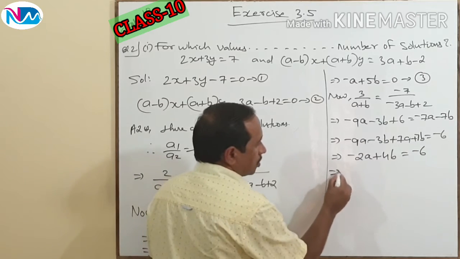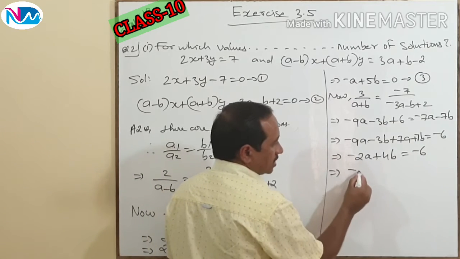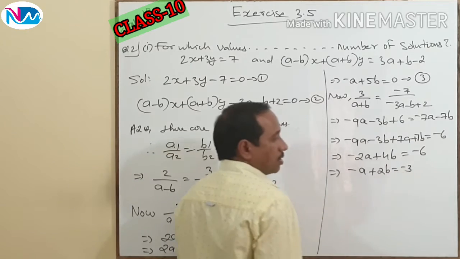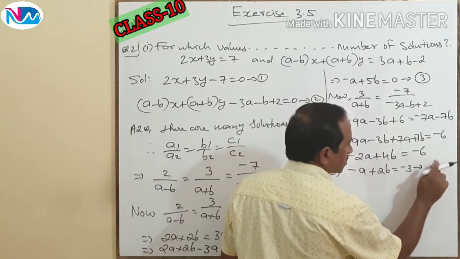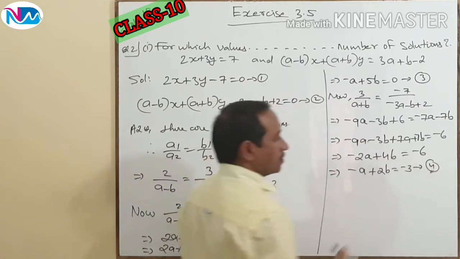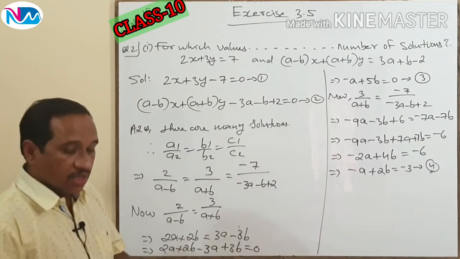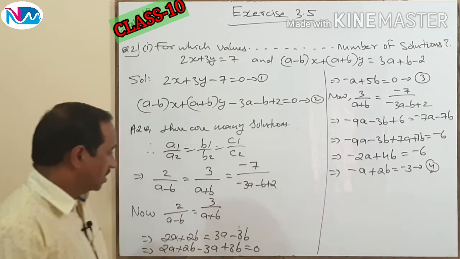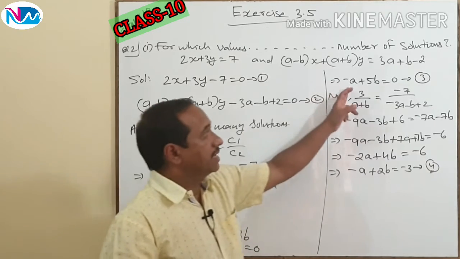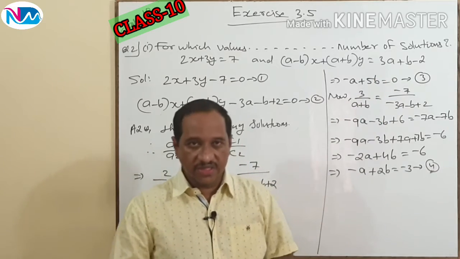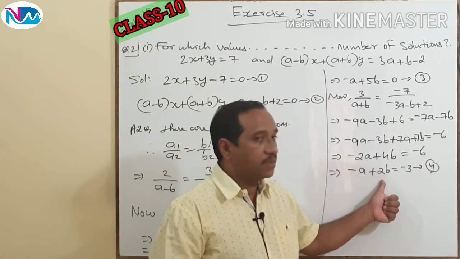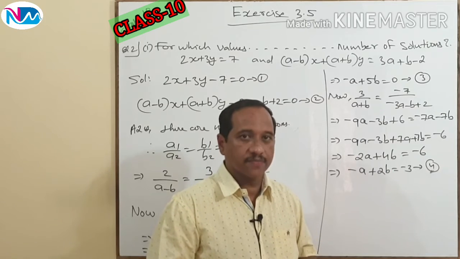I divide all the terms by 2, I get minus a plus 2b is equal to minus 3, which is equation number 4. So we are getting two equations in a and b. In the first equation we have minus a plus 5b is equal to 0. In the second equation we have minus a plus 2b is equal to minus 3.